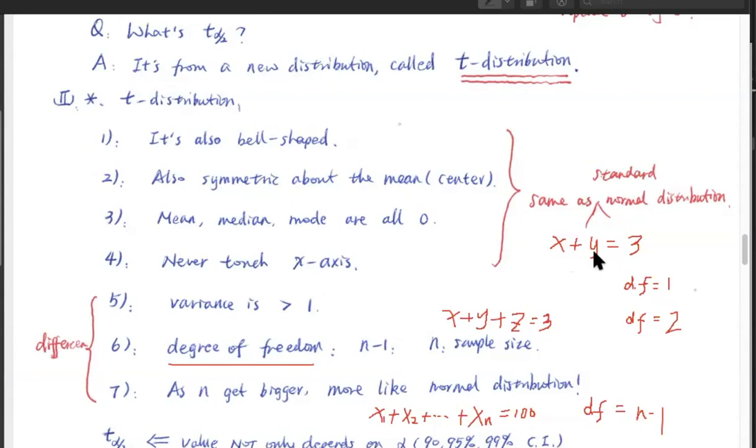When you have 2 variables, like x1, x2, or x and y, degree of freedom is 2 minus 1. Same as here. When you have n data points, degree of freedom is n minus 1, right? So that's the reason, everybody, you see why this is n minus 1 coming from. Follow me? Right? So this is the most easy way I find to explain what the degree of freedom is.